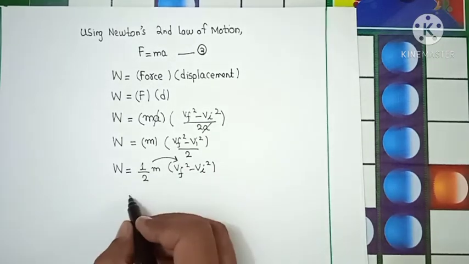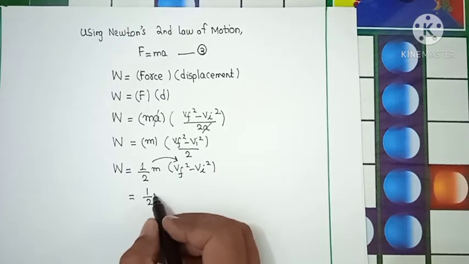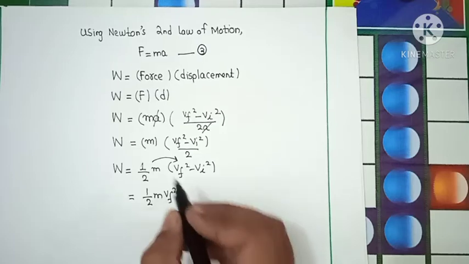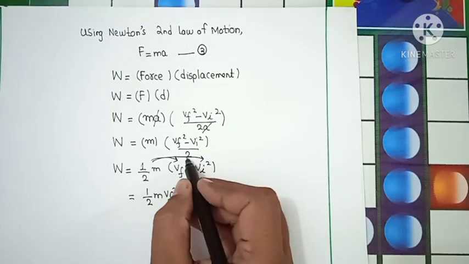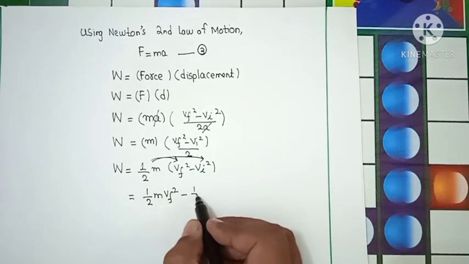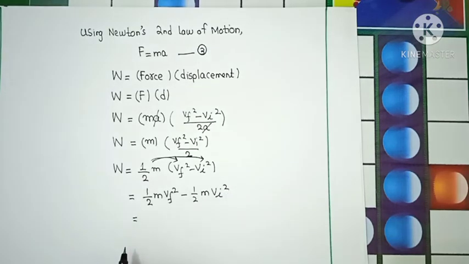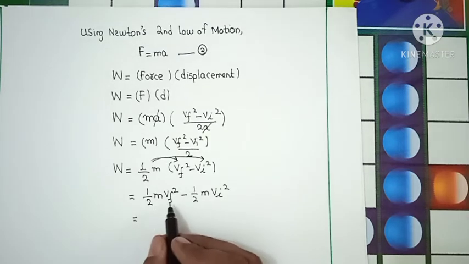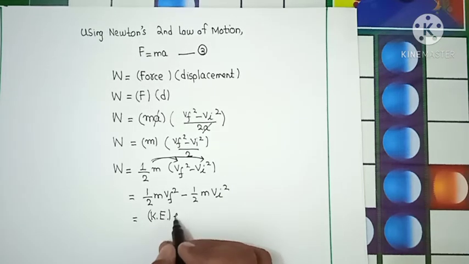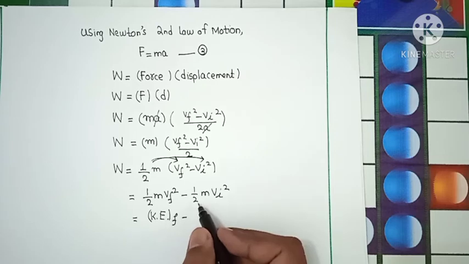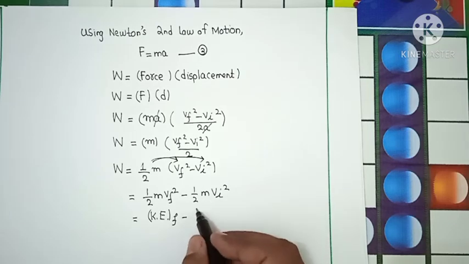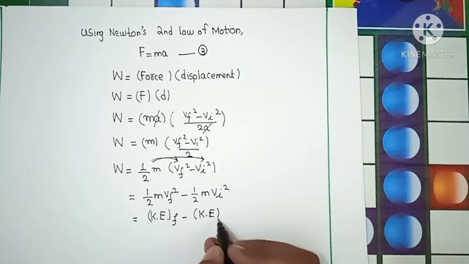Multiplying by Vf square first, half m Vf square, and secondly minus half m Vi square. Dear students, as you can see, half mv square is the formula of kinetic energy. So this is final kinetic energy minus, again the formula of kinetic energy, initial.